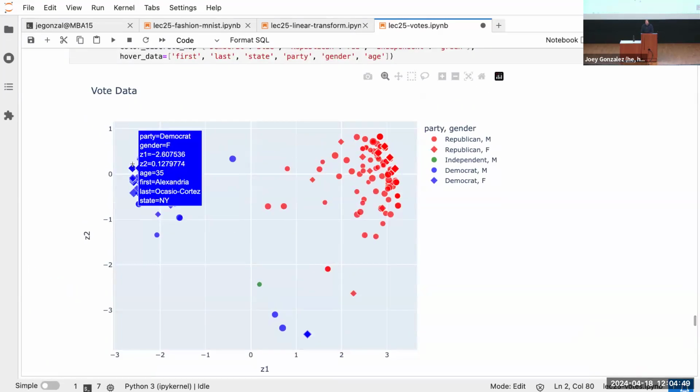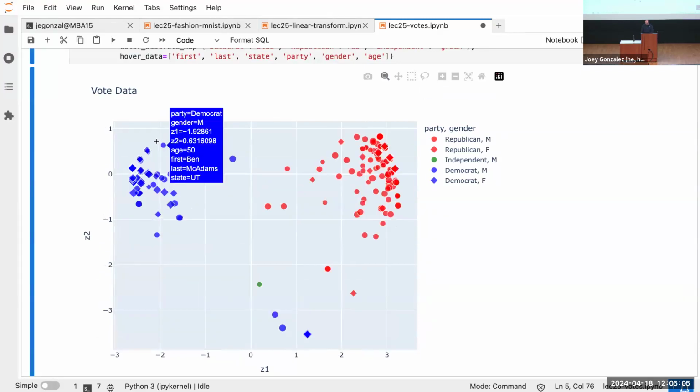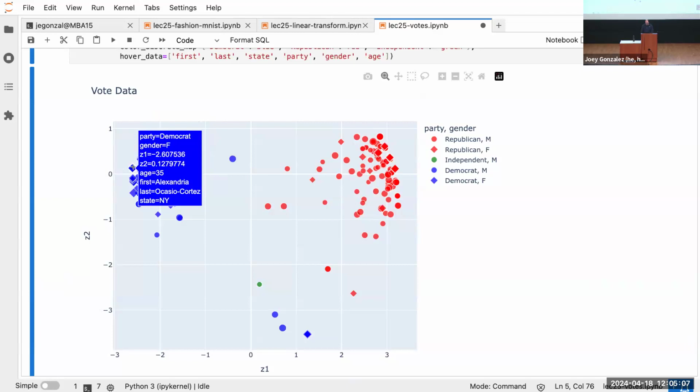One thing that's happening here, which you can't quite see, is some people vote so identically that there's a bunch of people here. It's called overplotting, when I stack dots, and this dot is many dots, you can't really tell what's going on. AOC, nice. I would guess she's on the far left here. Yeah, no, she's right here, far left.